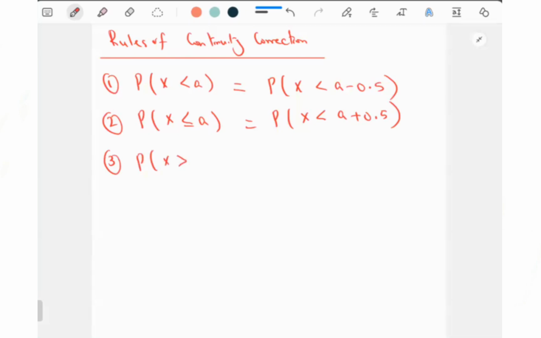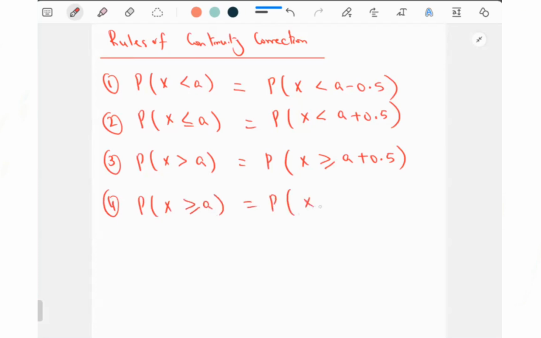Probability of x is greater than a will become probability of x is greater or equals to a plus 0.5. Probability of x is greater or equals to a will become probability of x is greater or equals to a minus 0.5.